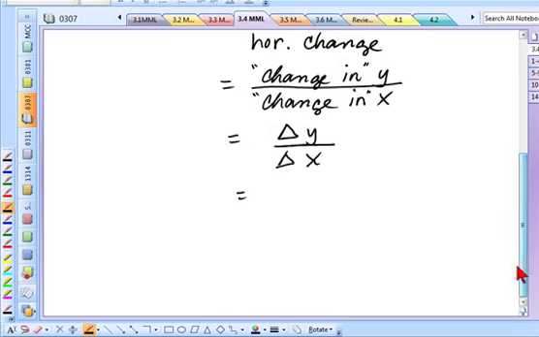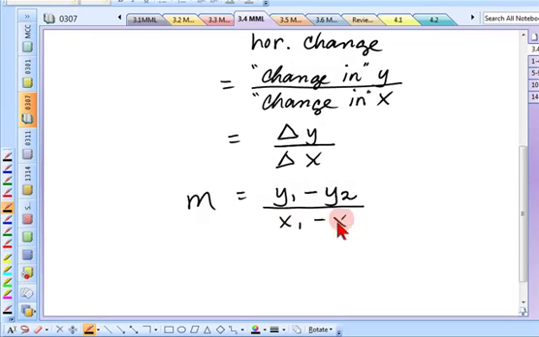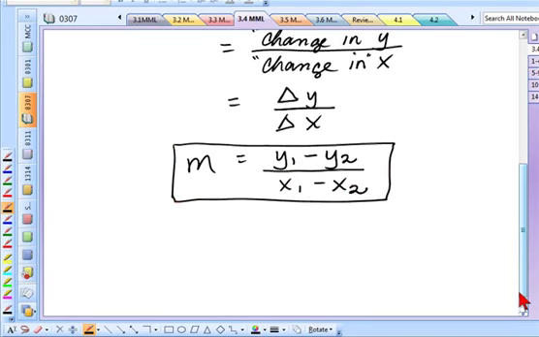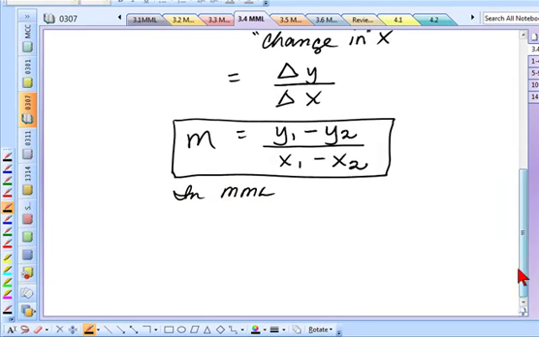Finally, here comes the formal formula for slope. It is y1 minus y2 over x1 minus x2. I will mention to you that in my math lab, in the textbook, in so many settings, you will see the formula written a little differently.